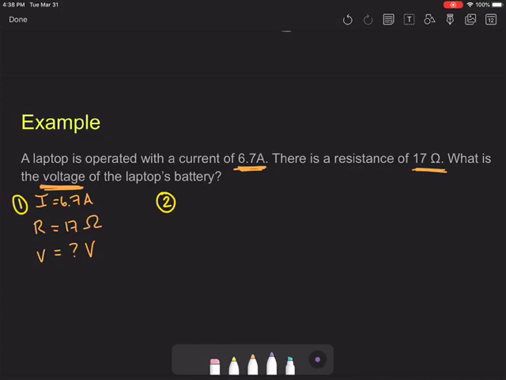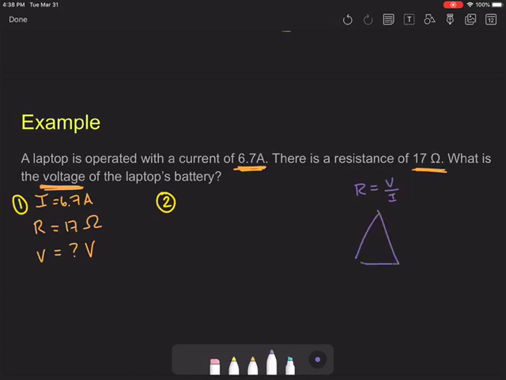Next, we have to find an equation that we're going to be using. We need to have V is equal to something. We know that we have a formula for resistance that involves resistance, voltage, and our current. But we need to rearrange it so that it's V equals something.